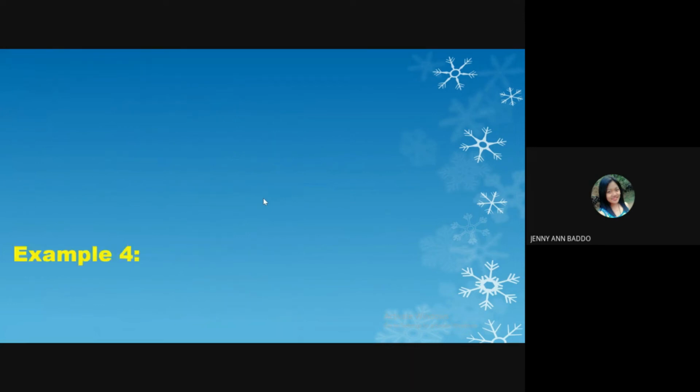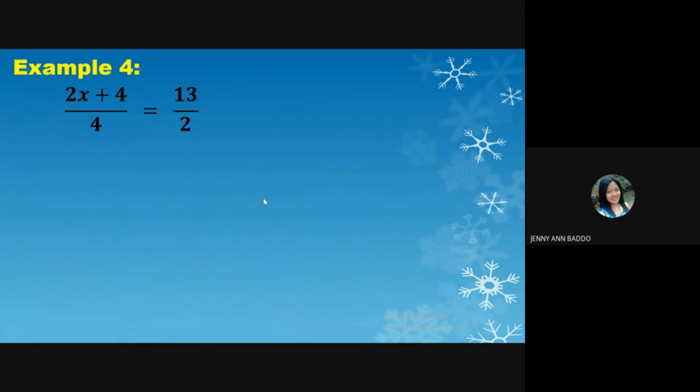Another example. 2x plus 4 over 4 equals 13 over 2. There are two ways on how to solve this given equation. First is using the cross multiplication. So when we cross multiply, we now have 2x plus 4 times 2 or 2 times 2x plus 4. This one.